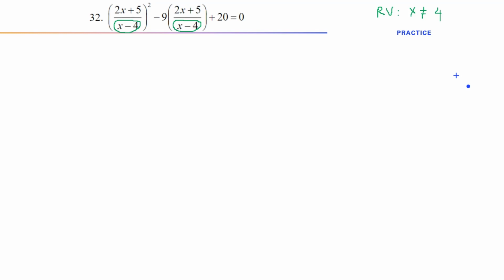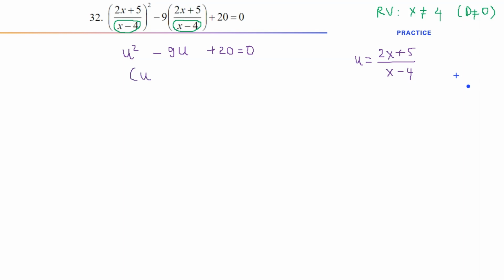So x is different from 4. That makes the denominator different from 0. We see that we have 2x plus 5 over x minus 4. If we call that u, I can rewrite it as u squared minus 9u plus 20 equals 0. That would be easier to solve.